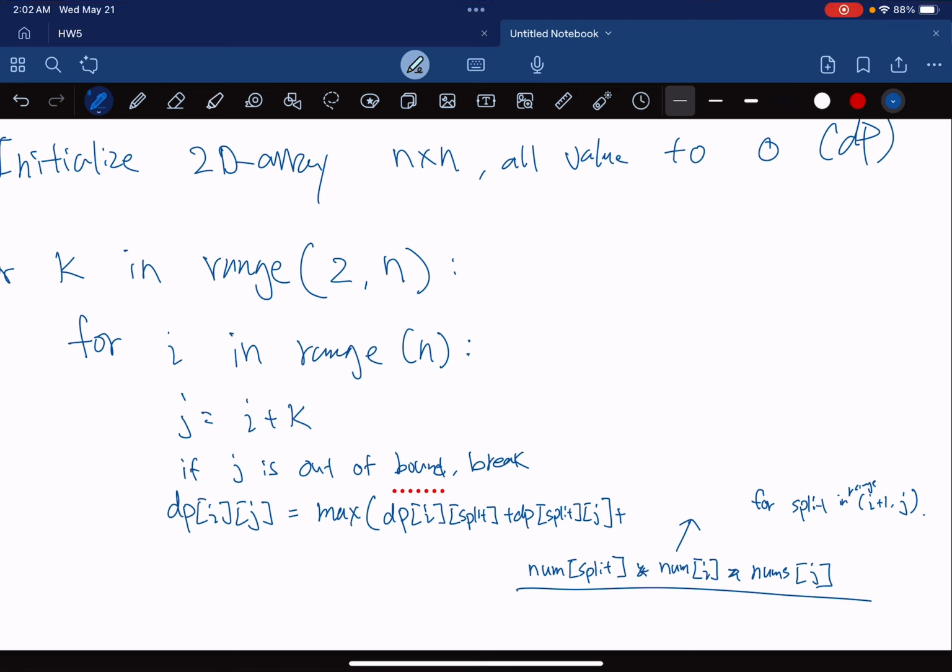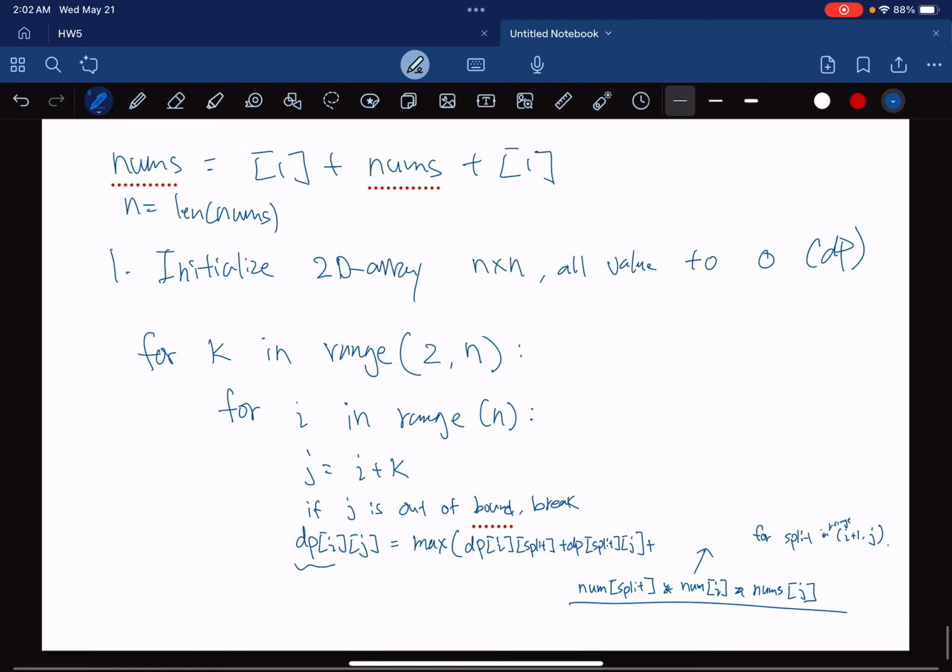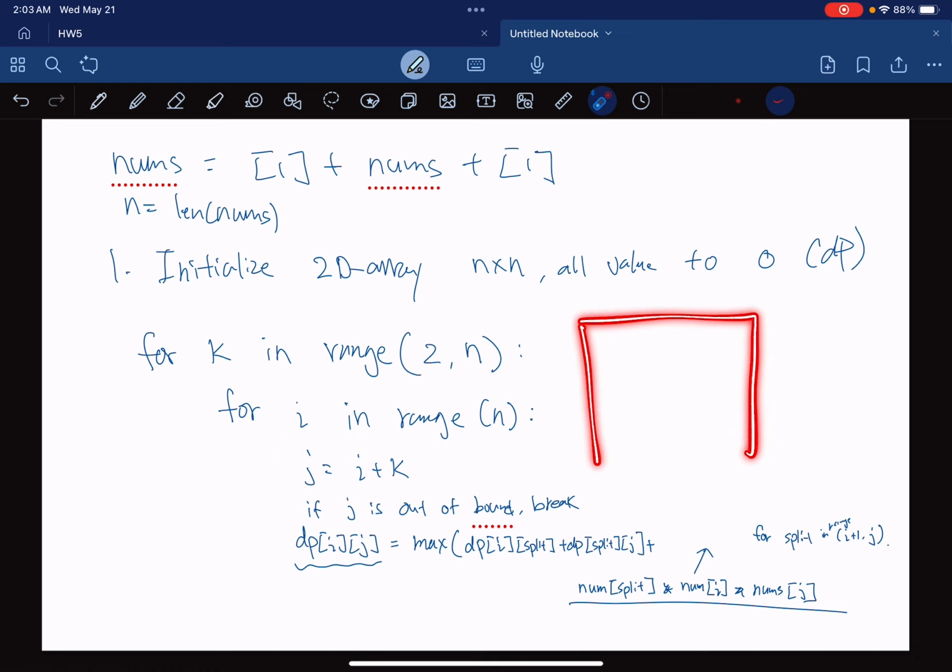So in this case, we would try out every single option that could be split and find the maximum of them to put in dp of ij, where i is the left pointer and j is the right pointer. And this would be done recursively until we build all the necessary ones. And because we're defining i from 0 to n and j to be i plus k, when we put in the dp, we're actually only using the upper right triangle, and we start filling in values like this until we reach the end.